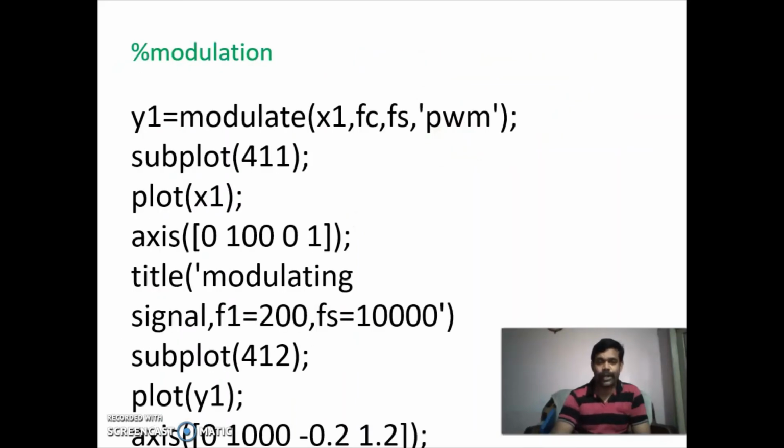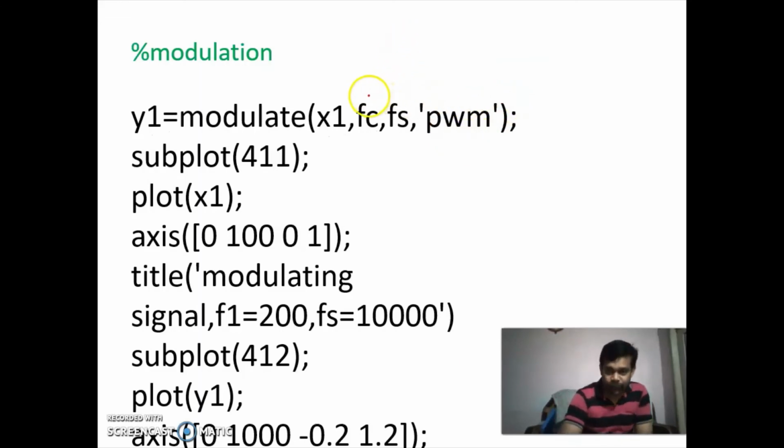Now we are going to modulate. We are going for pulse width modulation. For that we are using the function y1 is equal to modulate. The modulate function will modulate: modulate x1 comma fc comma fs comma 'pwm'. What is the type of modulation you are going to do? Pulse width modulation.